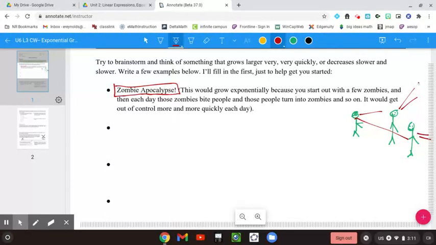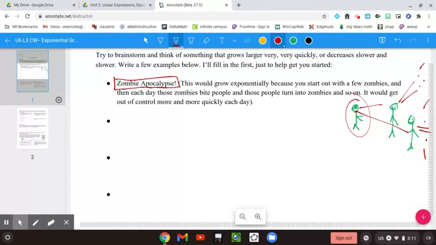And then the next day, the 2 people that those 2 people bite each bite 2 more people. And you can see how it starts with one zombie and it gets really out of control really quickly. So a zombie apocalypse or a zombie infection is one example of exponential growth, right? Because it starts small and it increases really quickly.